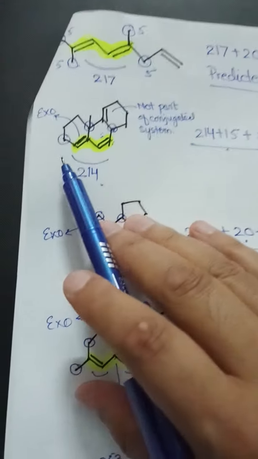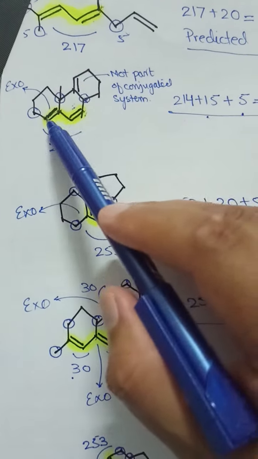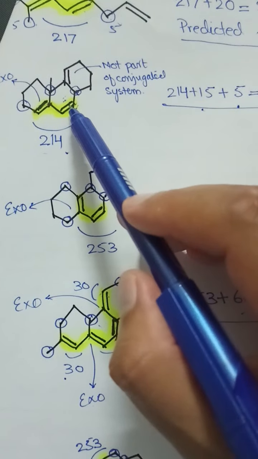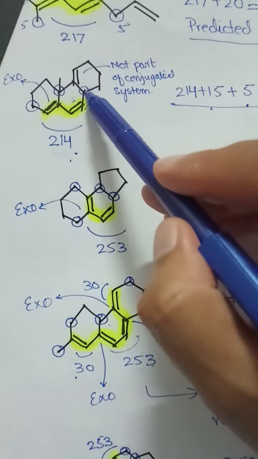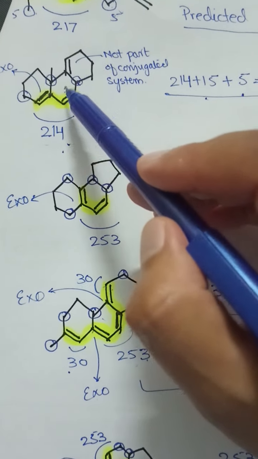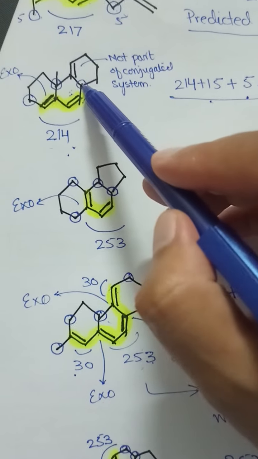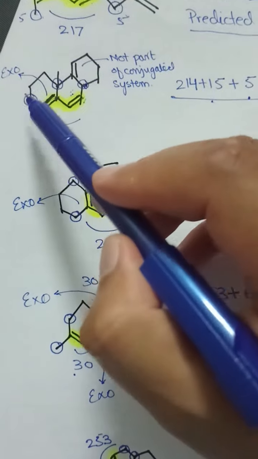Similarly, we are going to take another example. Here we have a heteroannular diene because the unsaturation is present in both rings, and it gives a 214 nanometer base value. Here we have a carbon atom which is sp3 hybridized, so conjugation is not extended towards this one, and it produces a 5 nanometer increment, this one and this one.